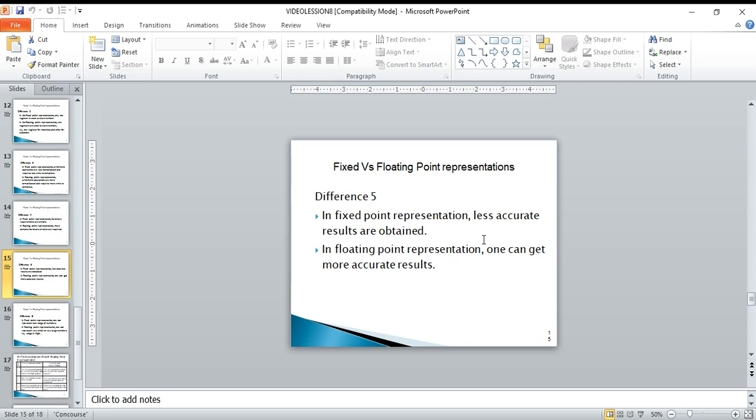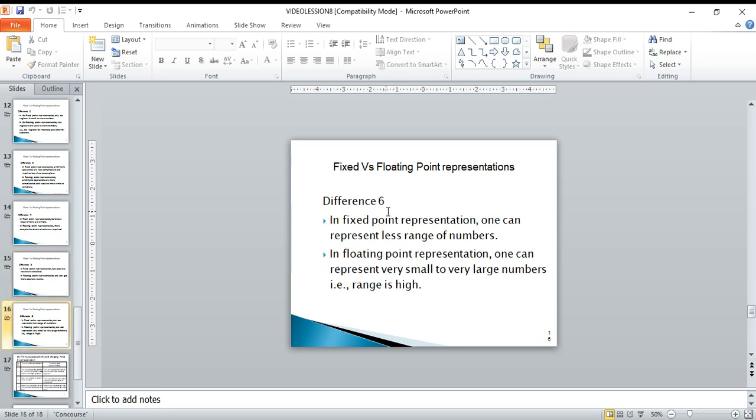In floating point representation, one can get more accurate results, meaning we can give assurance about the results of floating point representation numbers. So this is difference 5.